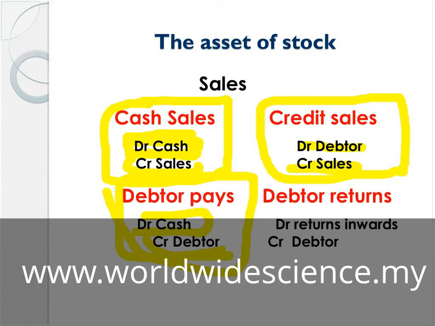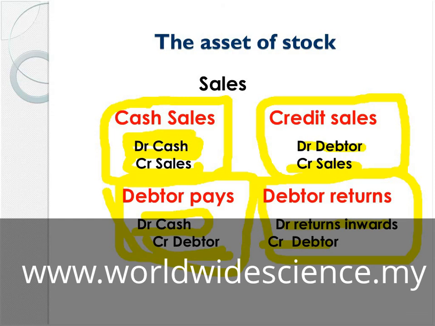And let's see when the debtor returns goods. This is when we sell on credit. We have an increase on the debit side, the returns inwards, and we have a decrease on the credit side of the debtors. So sales are our assets, right? And on the debit side, there are always increases.